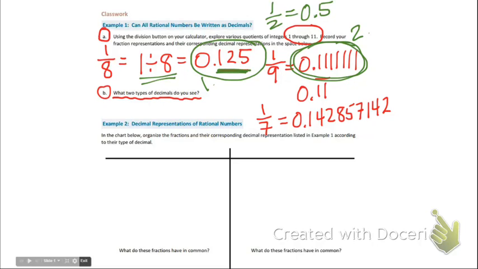Then the other one would be like 1/9. 1/9 divides out to look like this, just a series of ones, so it repeats. But there are some that are like 1/7 over here. The problem with this one is that sometimes you get a calculator screen that does not hold as many digits. In this case, there are 10 digits here. Sometimes it will be just 8 digits on a calculator screen.